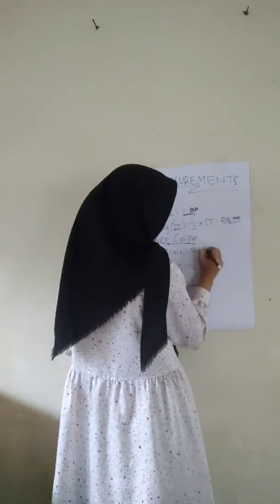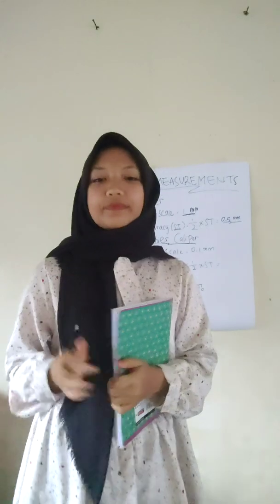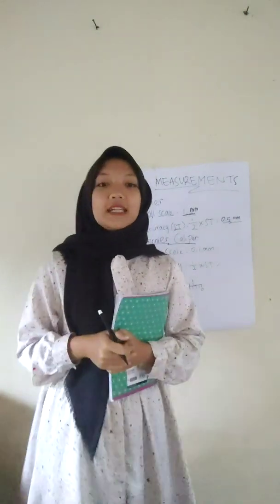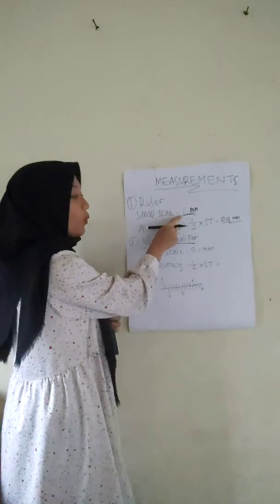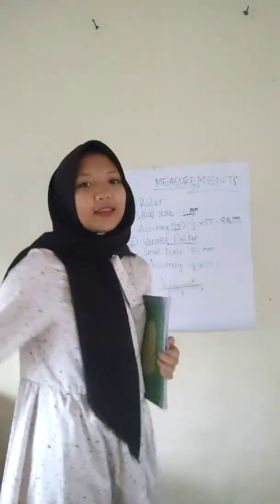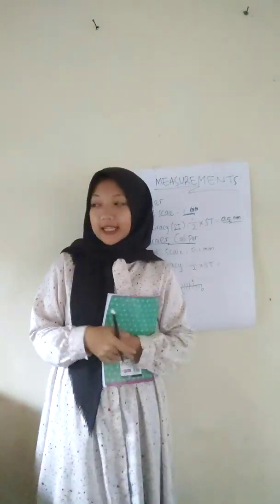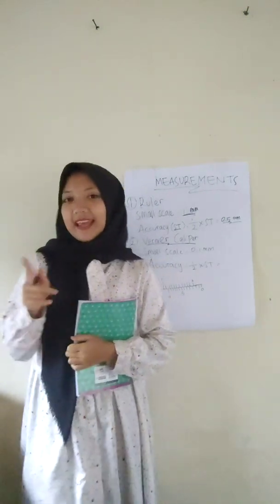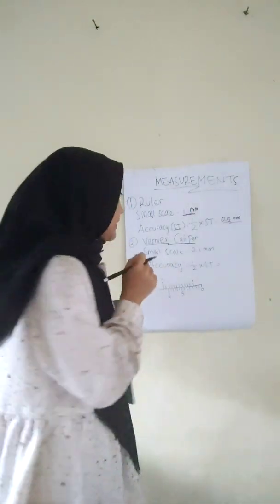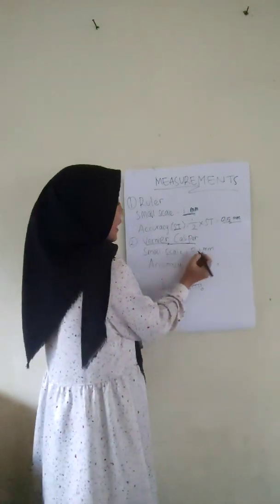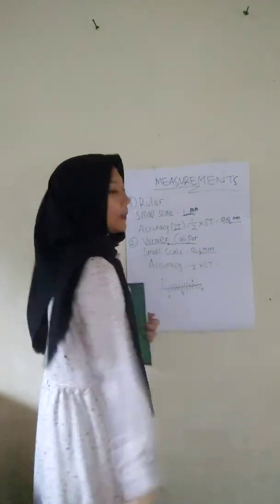So the difference with the ruler, which is 1 millimeter, is that the caliper is 0.1 millimeter.